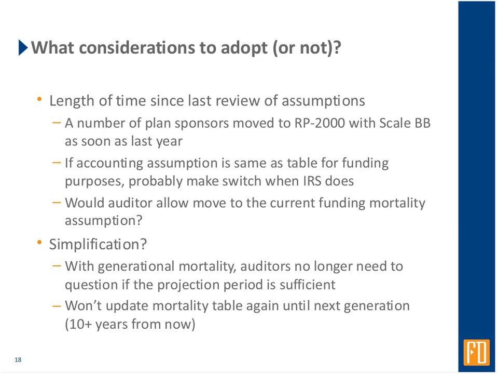There is one thing to be said, though. If you do move to these new tables and you go with what will probably be the new standard of this generational mortality concept, you might have to, quote, bite the bullet right now, but you won't have to look at this assumption again for probably a decade.